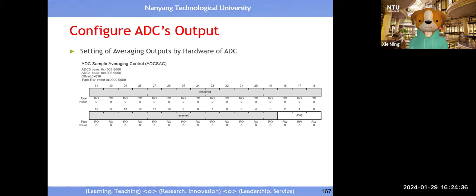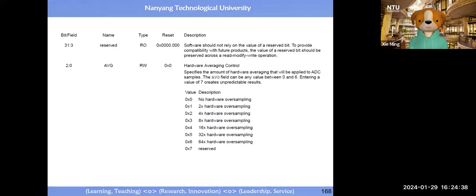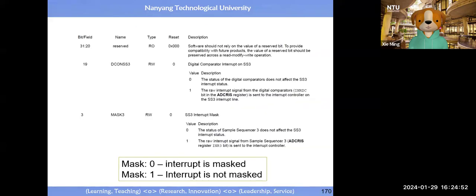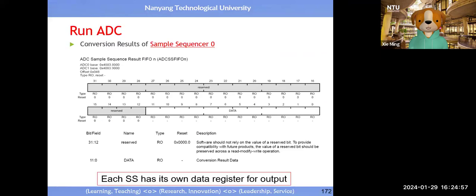How many digital numbers to average, up to 64, you see, look at here. You can add the 64 digital numbers together and compute the average as the actual output. Then this is a mask interval. Some internal signals you do not pay attention to, you can mask them out, right? Then run them, okay?